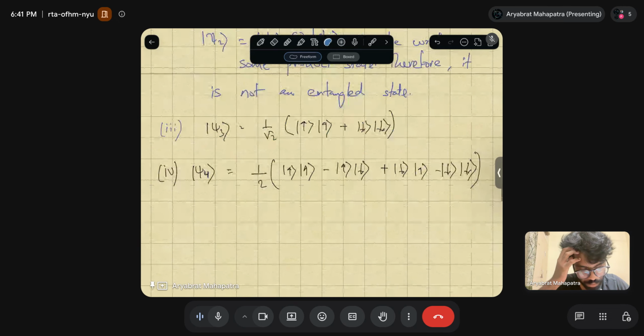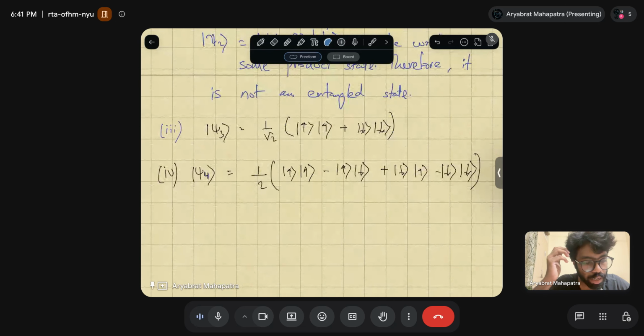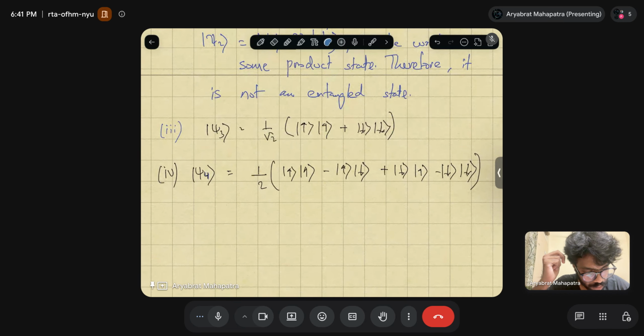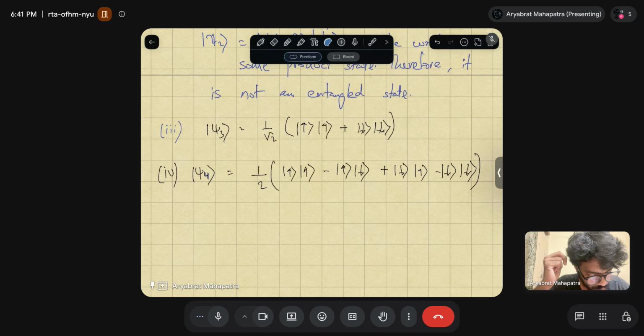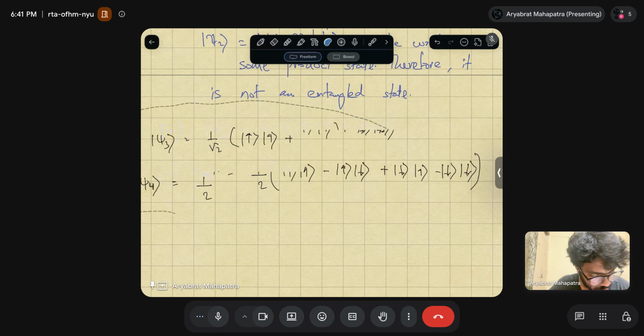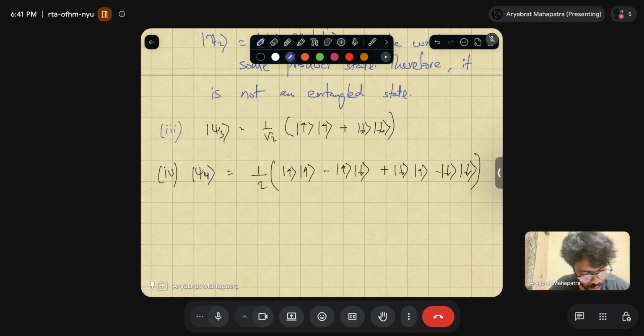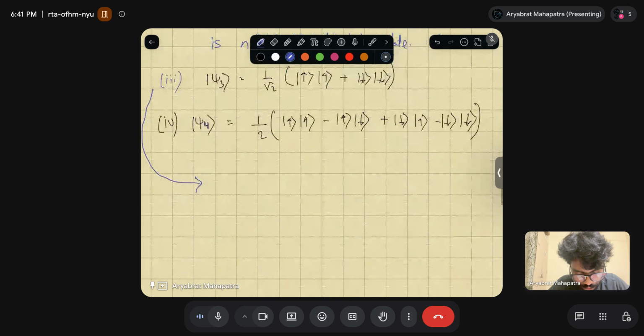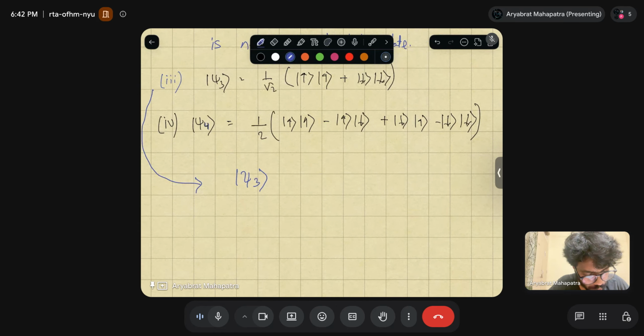So likewise, we have a couple more examples right here. If we see this number 3, this psi 3 is in a proper entangled state.